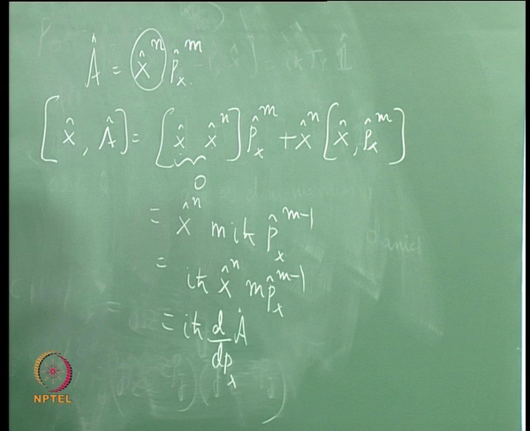You will notice that I have removed the hat from the operator p, but that is because I am now thinking in terms of the momentum space, where the operator p is simply the variable p times identity, and therefore the differentiation d by dp makes sense.